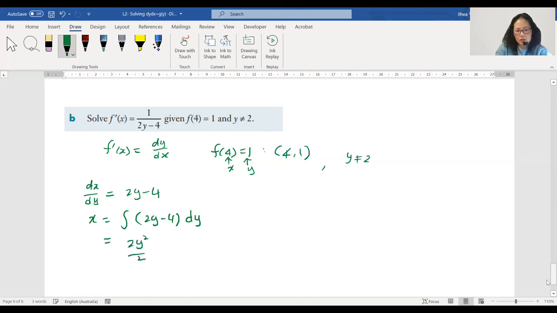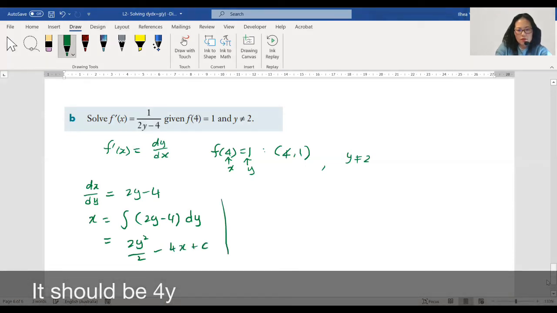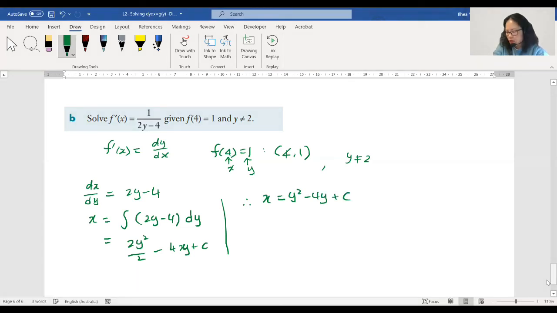Nice one. So what I've got here is x equals y squared minus 4y, plus c. So that was my first step.